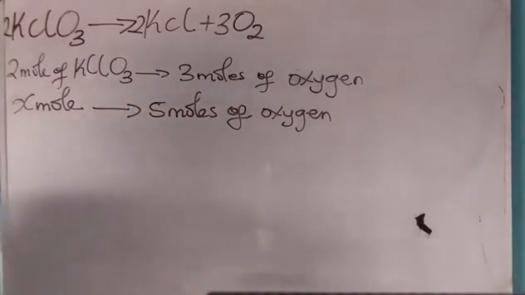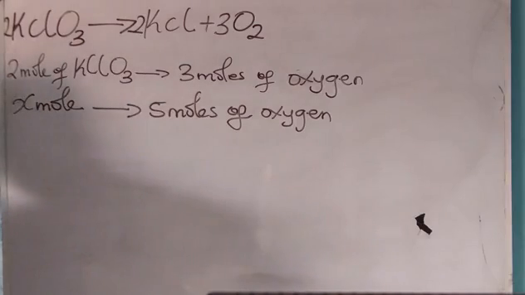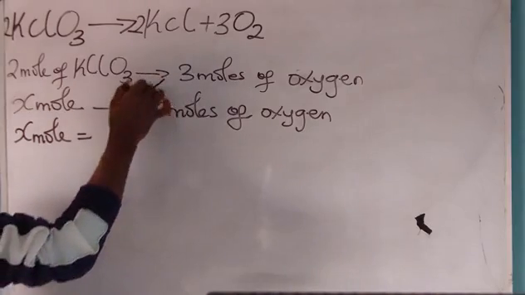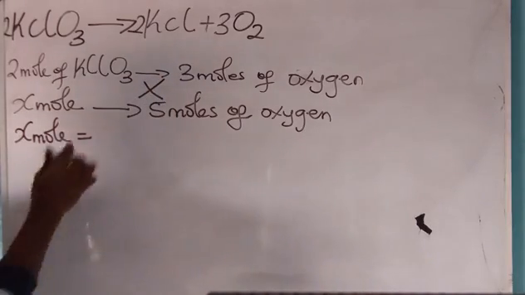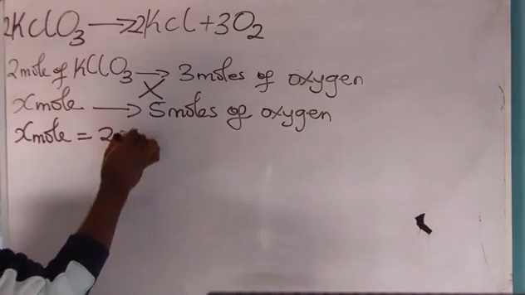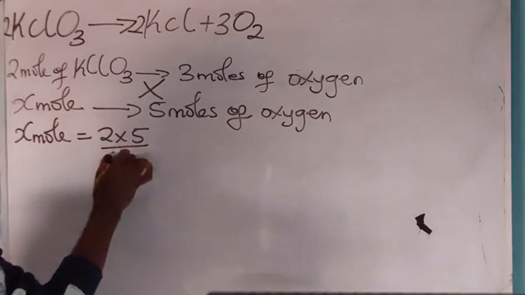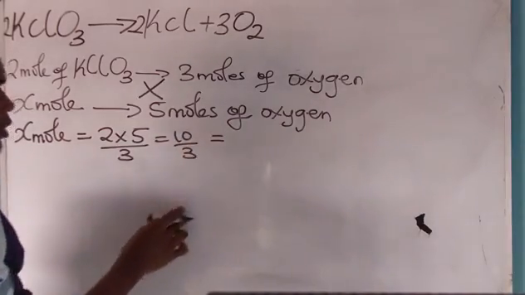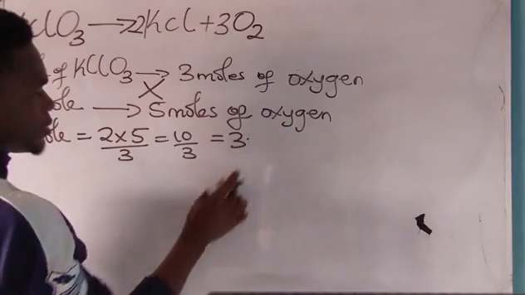In doing this, I will now have X mole. Let's cross multiply. X mole equals 2 times 5 over 3. I now have 10 over 3.